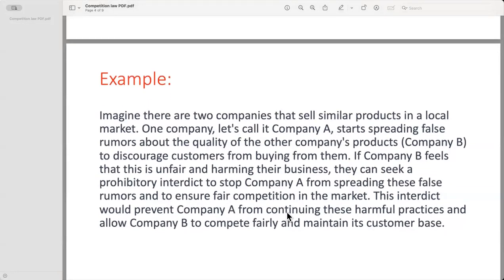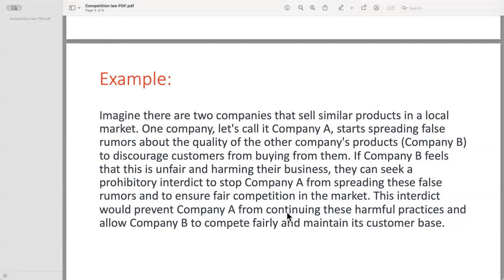Imagine there are two companies that sell similar products in a local market. One company, let's call it company A, starts spreading false rumors about the quality of the other company's products, which is company B, to discourage customers from buying from them.